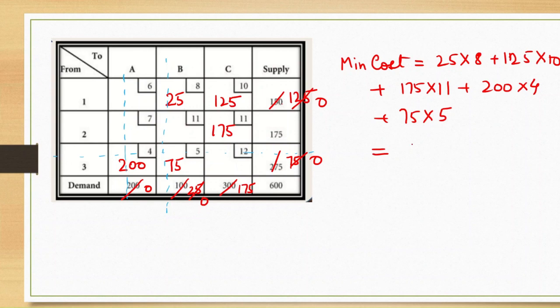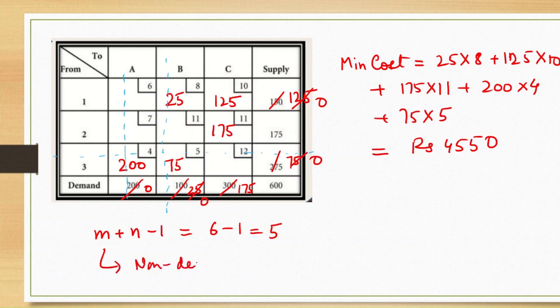When we work it out, the answer is 4550. And m plus n minus 1, you can easily find, is 6 minus 1, which is 5. So we have 5 positive allocations, as you can see. This implies it's a non-degenerate basic feasible solution.